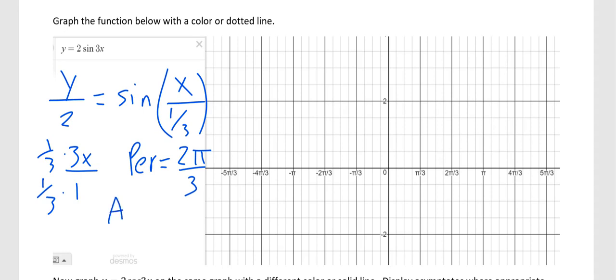And what's the amplitude? Okay, so whether you chose a color or a dotted line, we should have something that starts on the wave. 2 pi over 3 units later, I have to be starting over again. So something like this.